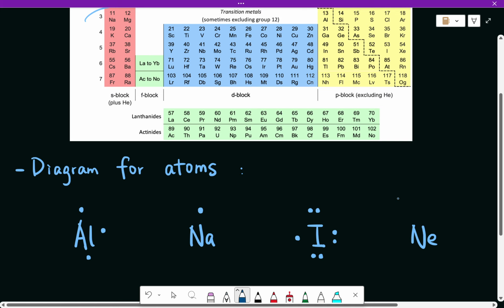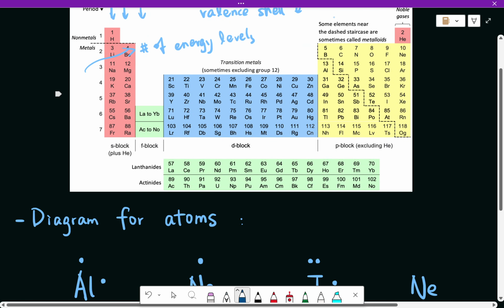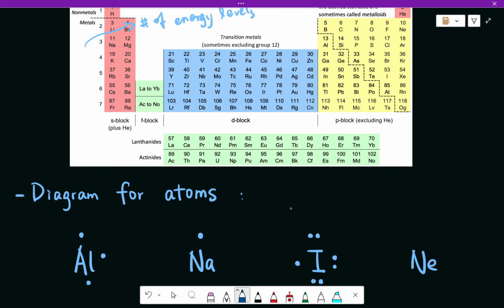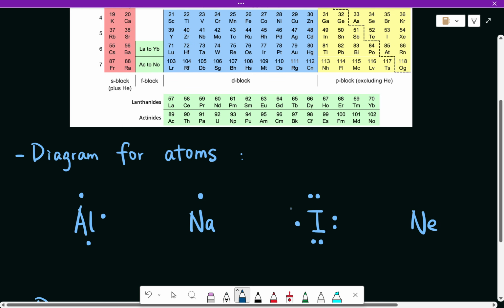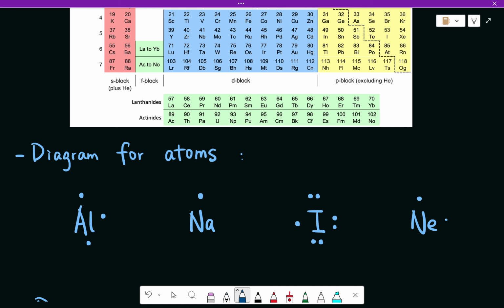And the next one is neon, which is a noble gas right here. It's in group 18, which means it will have 8 valence shell electrons. So we start from the top. 1, 2, 3, 4.